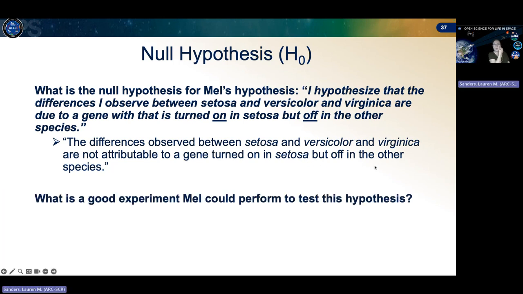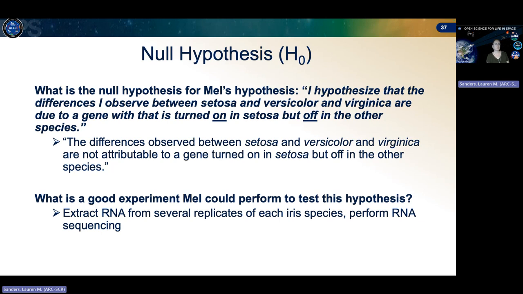And what would be a good experiment that Mel could perform to test this hypothesis? Well, we just learned about RNA sequencing, which quantifies the level of gene expression in samples. So what Mel could do would be to extract RNA from several replicates of each iris species and perform RNA sequencing.